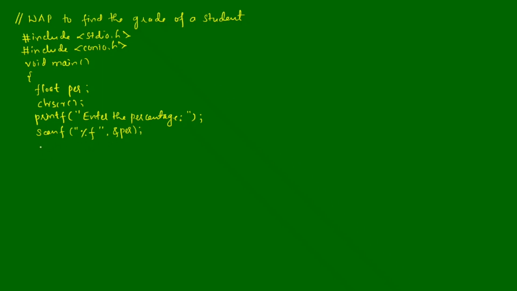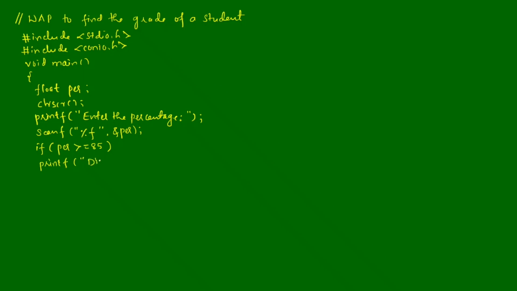So after receiving this, we have to check the condition. If percentage is greater than or equal to 85, then it has to print distinction. I'll write here printf in double quotation marks.